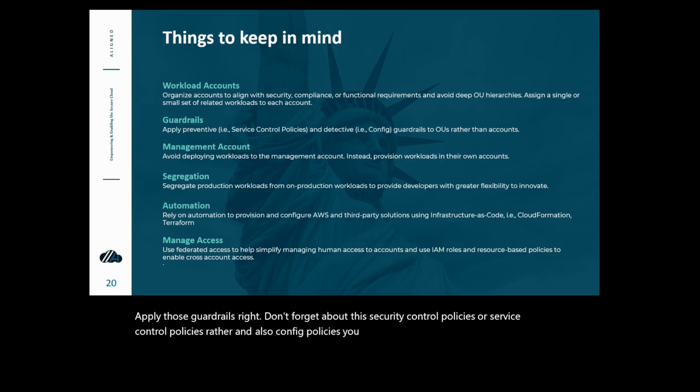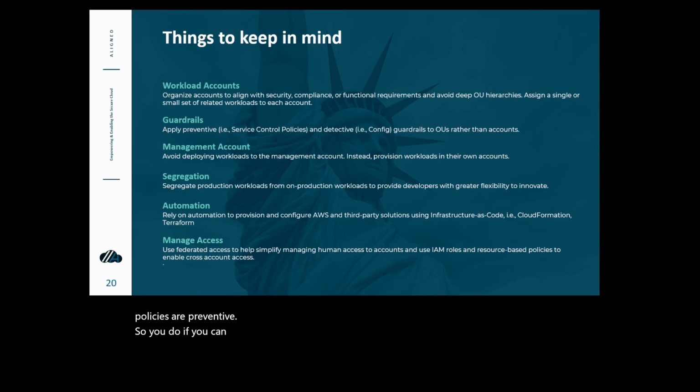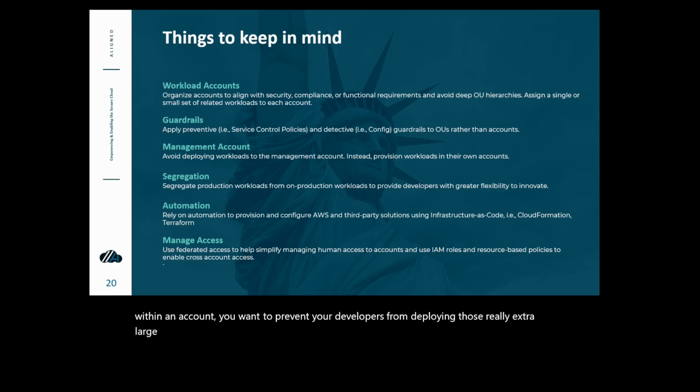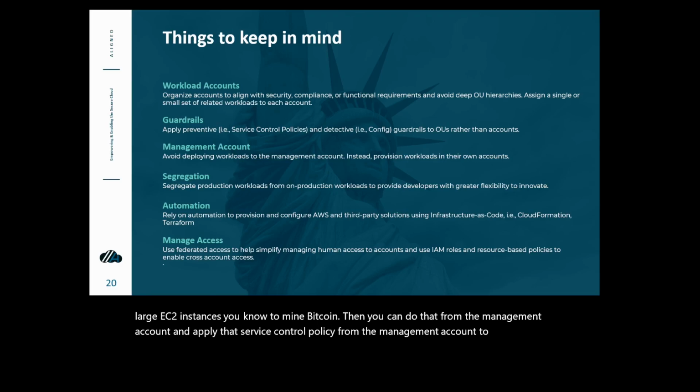Config is detective, service control policies are preventive. So if you want to prevent somebody from accessing a specific service within an account, if you want to prevent your developers from deploying those really extra large EC2 instances to mine Bitcoin, then you can do that from the management account and apply that service control policy from the management account to prevent them from doing that.